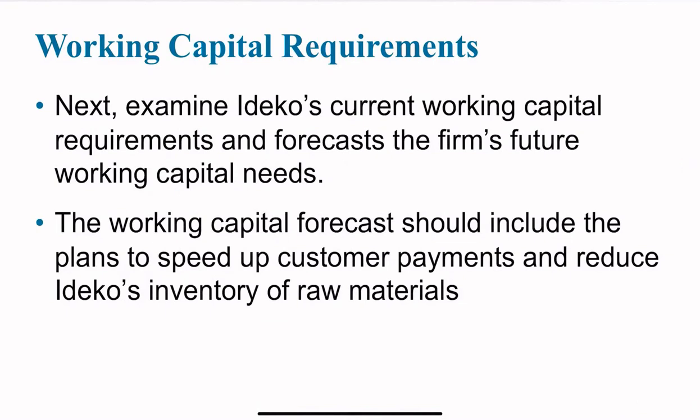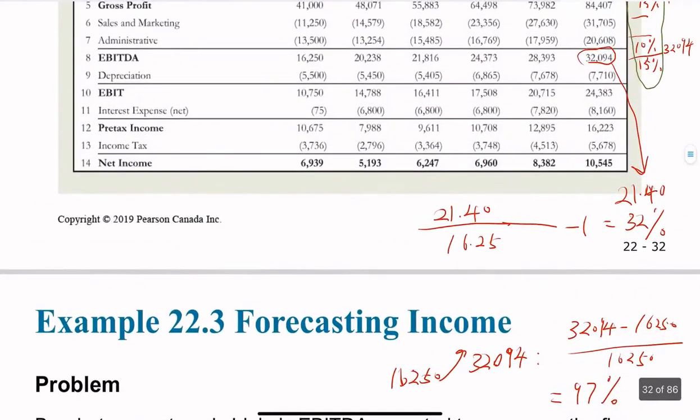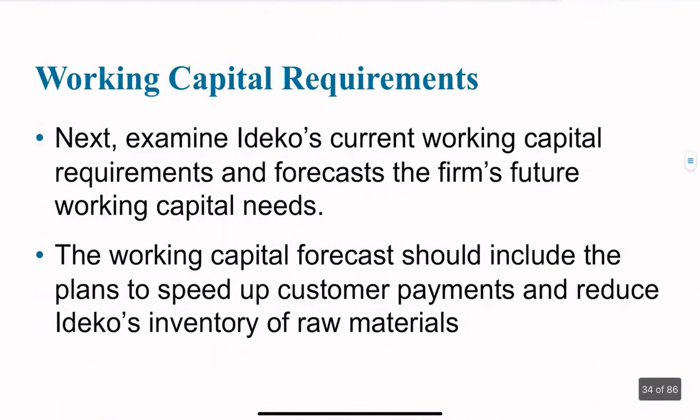Now, let's think about the firm's working capital requirements. If you look at what we're doing here, we're actually just thinking about how to get cash flows, because to get cash flow, you will first get the firm's net income, and we have achieved this. And then you will have to look at the firm's net working capital, right?